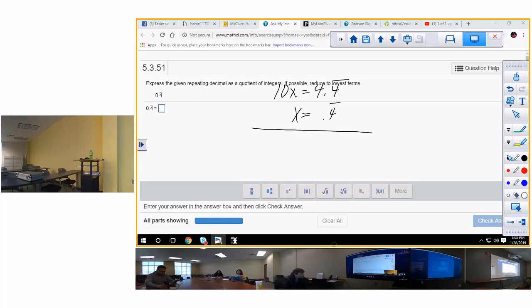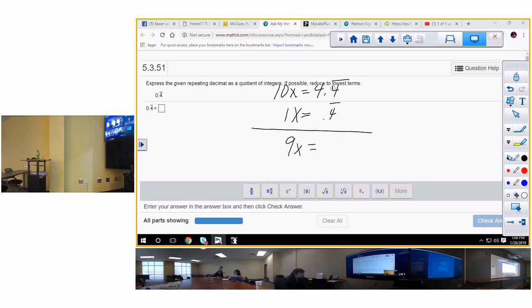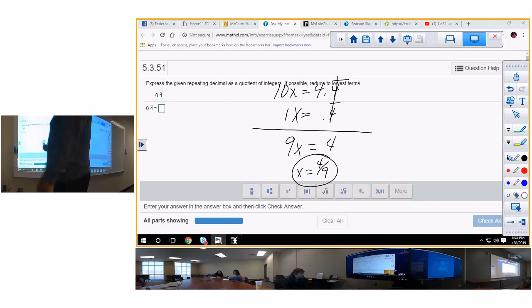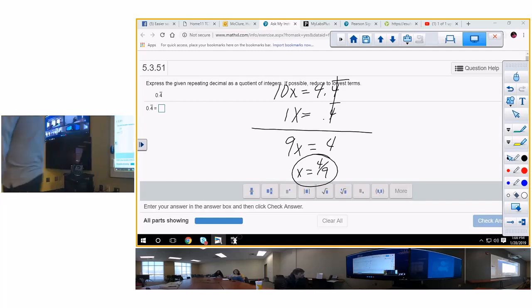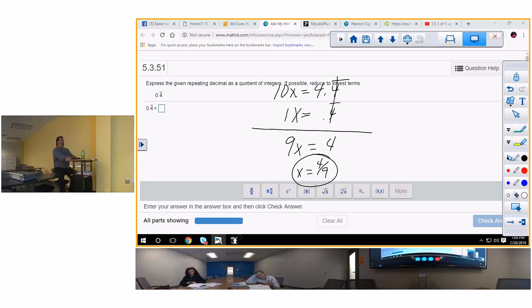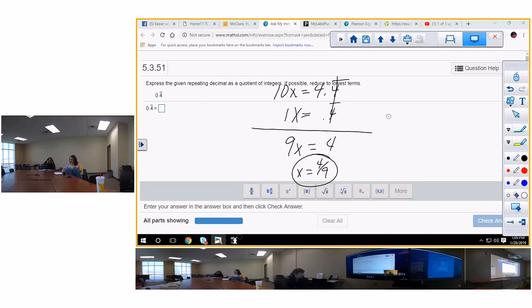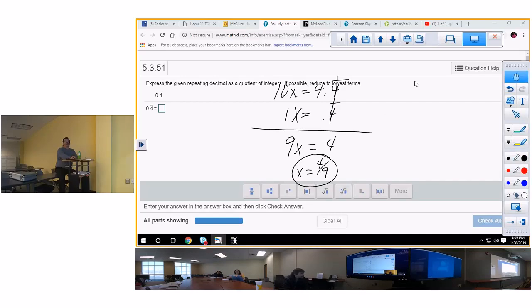Subtract, and you get 10x minus 1x is 9x. The repeating parts cancel, and you're left with 4. So x is equal to 4/9. Somebody take your calculator and divide 4 by 9 and see if you get that repeating decimal. 0.4444. Yes. Okay, so it's 4/9. That's what they want. They just want a fraction. They want to confuse you as much as possible.